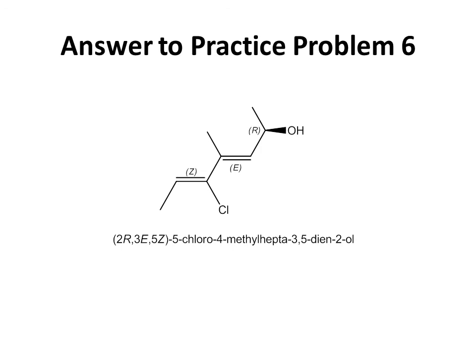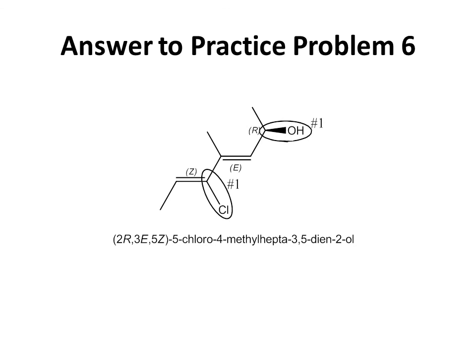For position 3, that's E. For position 5, that's Z. Now, you can tell for position 3 because the carbon on the right side has a substituent of C to O, and that would be number 1 versus H. And the carbon on the left side of the double bond has a carbon, a methyl group, versus a carbon, a chlorine. So that means that those two groups, the C to O and the C to Cl, are diagonally across, and thus E.